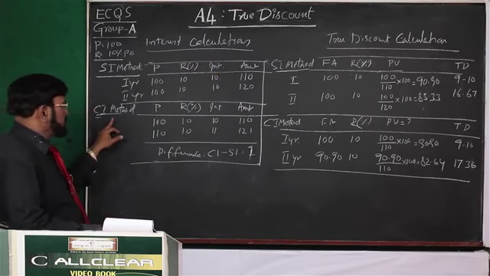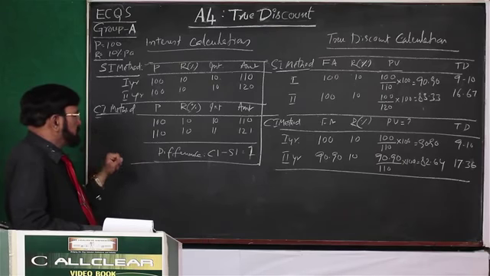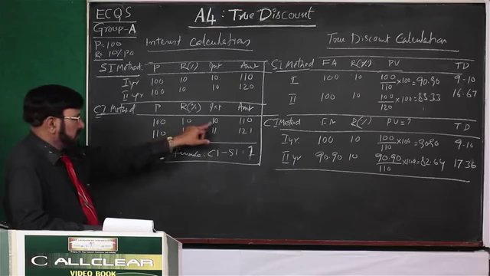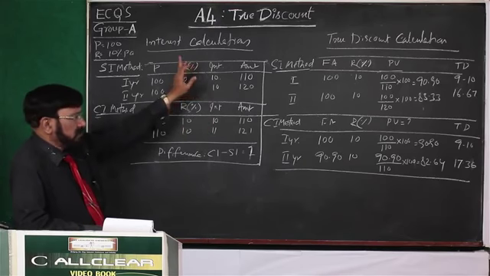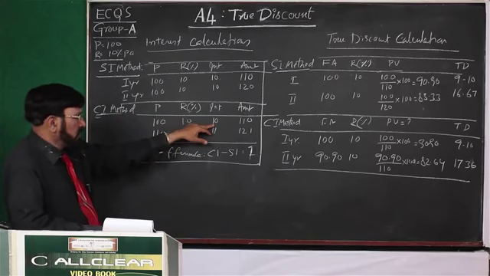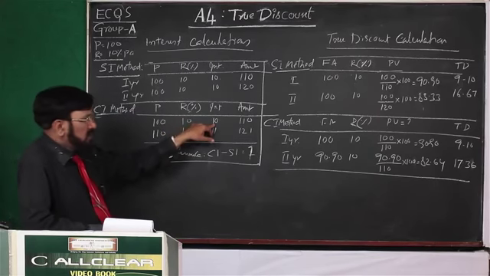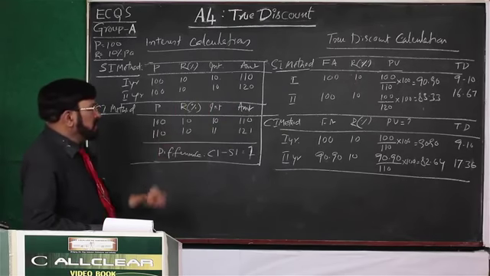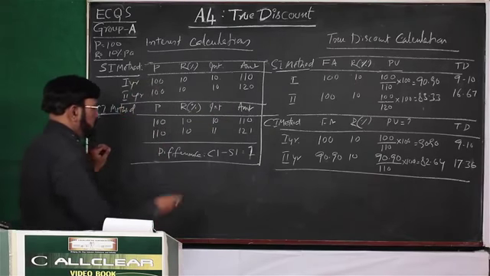And this is the compound interest calculation: 100 rupees, rate of interest 10%, interest obviously 10 rupees, like simple interest. For 1 year, the unit period is 1 year, that is why there is no difference, and the amount is 110 rupees. Here the difference comes, you compare both the tables.